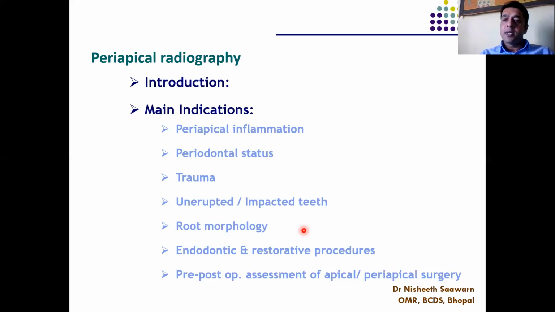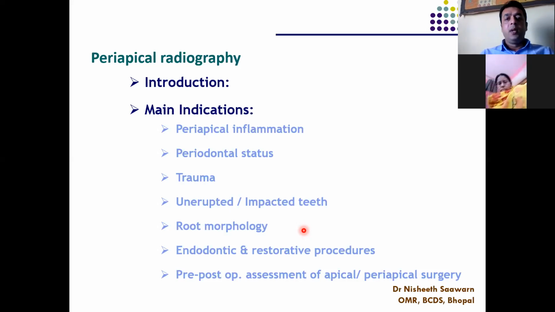The skull views I have already discussed with you: PA view, lateral views and the submentovertex views. PA view had different types, right? PA view, Waters view, PNS view, then reverse Towne's view. And PA cephalometric view. Lateral, we had lateral oblique views and the lateral cephalometric views. And OPG also we had discussed.